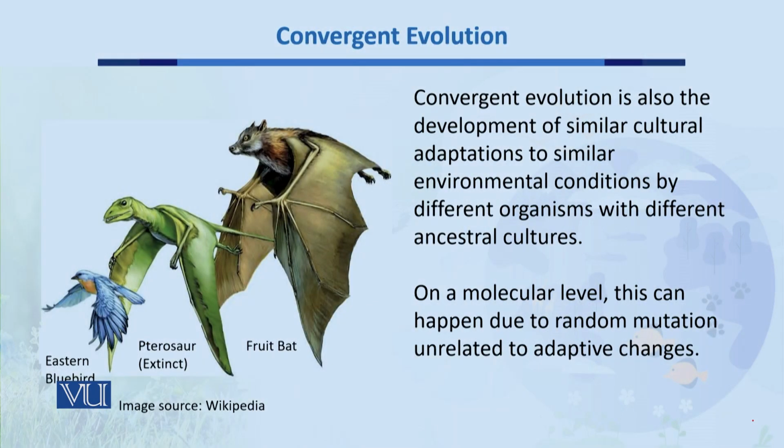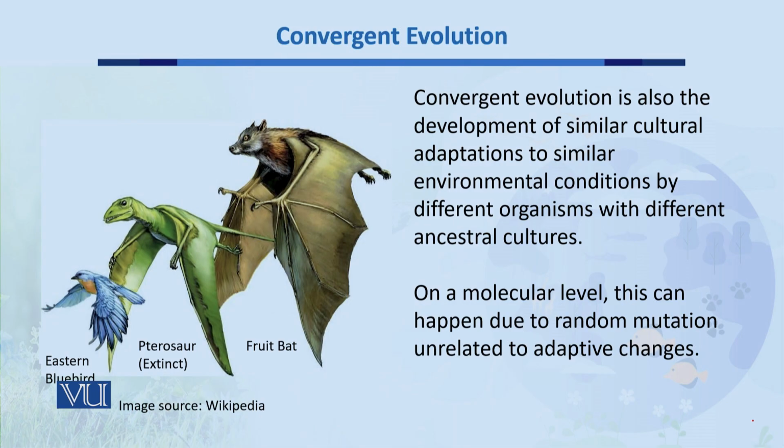For example, here we take the example that the ancestors of the fruit bat were mammals, while the ancestor of the pterosaur were reptiles, and the bluebird belongs to the avian group.